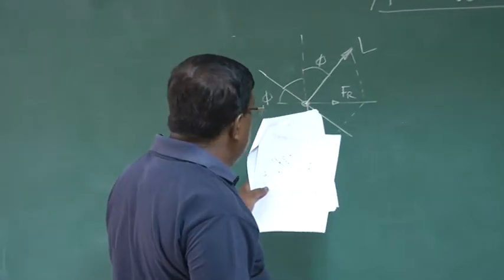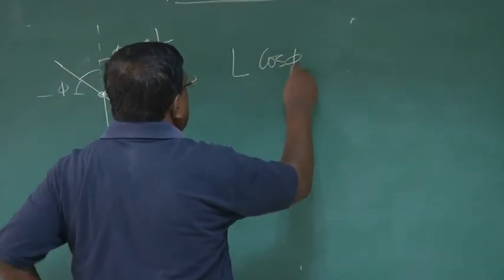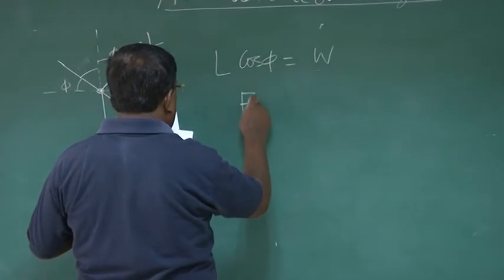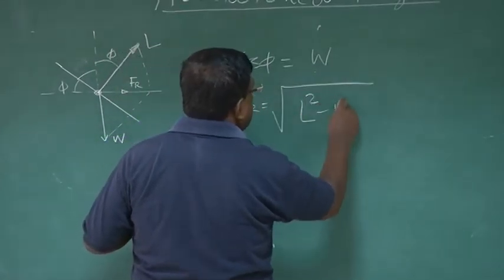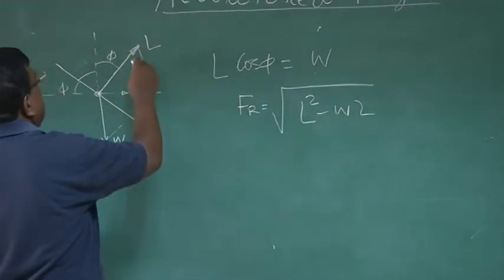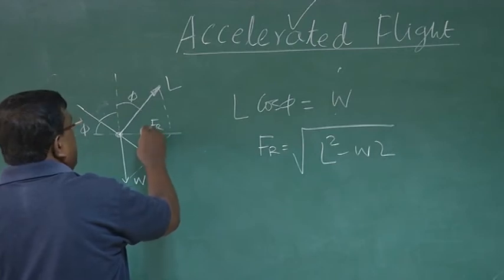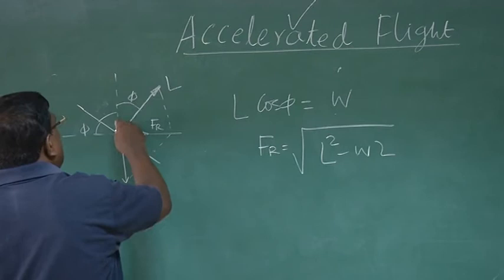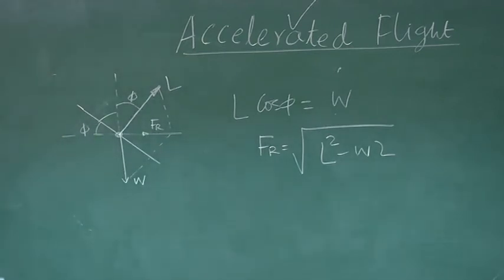So now from this force diagram I can write L cos phi equal to W, and Fr equal to the square root of L square minus W square. From this triangle, you see, this is the lift, this is the Fr, this is the weight. So I can resolve the weight, one along this, one along this. So I can write this simply. Okay.